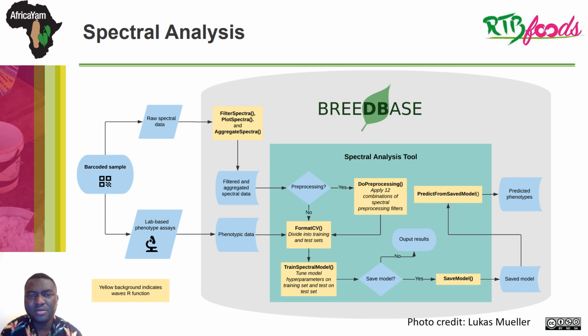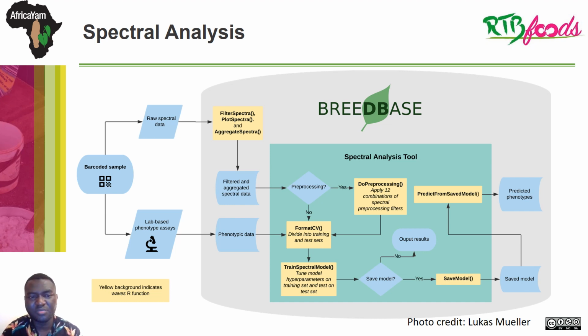The schema of the spectral analysis tool. This is the whole schema of the spectral tool in the database. It's all embedded on R. There is an R package called Waves, and that's the library running in the background doing most of the analysis. And this is the schema.